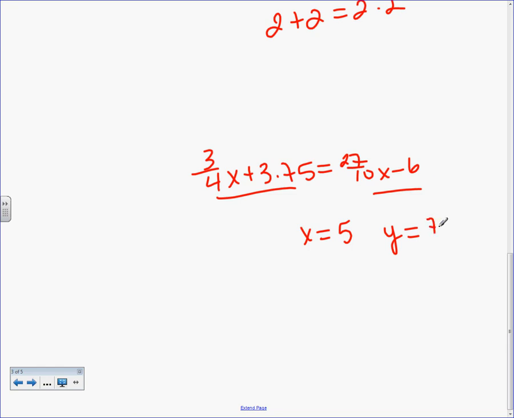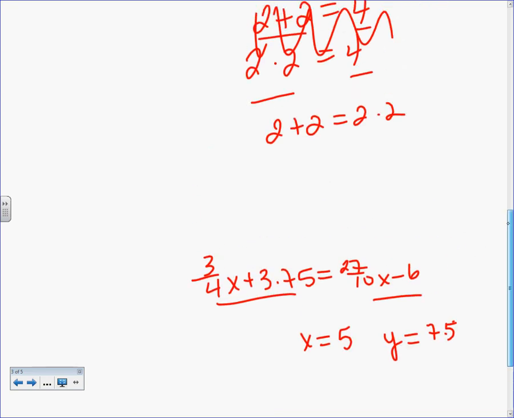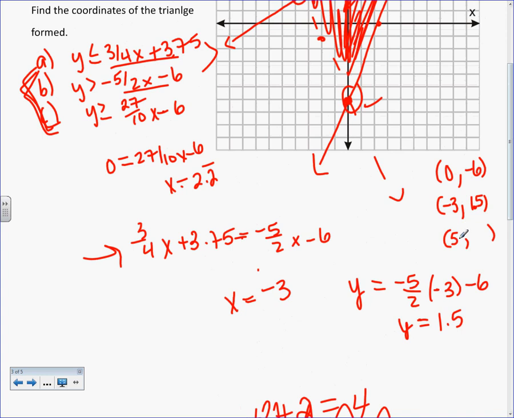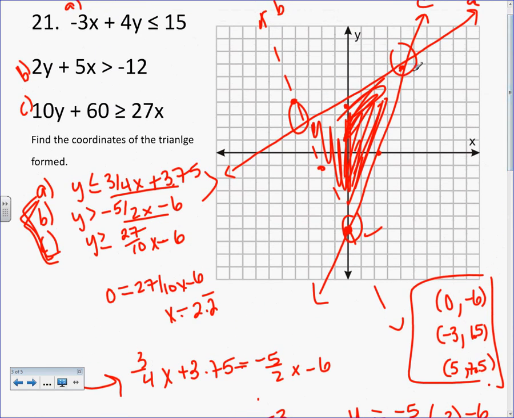So you should get 7.5 for that one. So it's 5, comma 7.5. And again, if you actually look at our graph, that looks possible, right? 5, 7.5. That looks like that could be true.